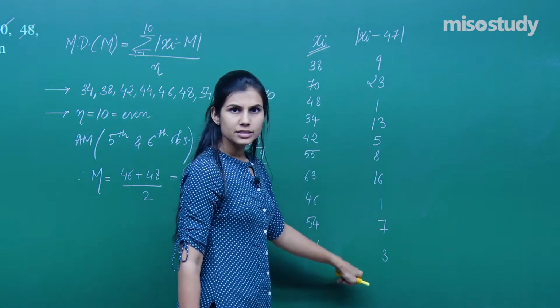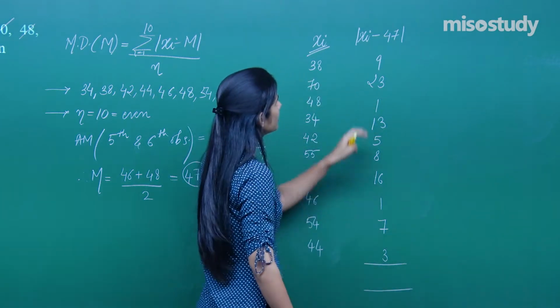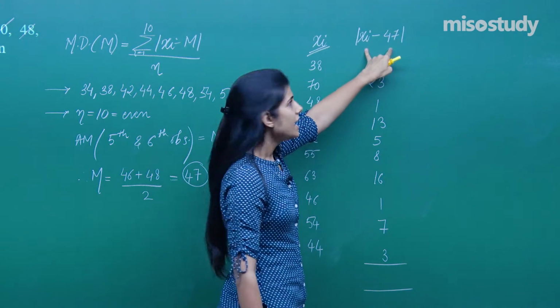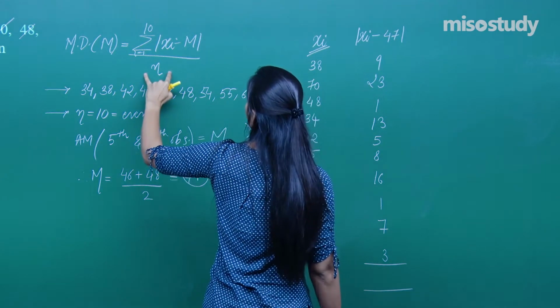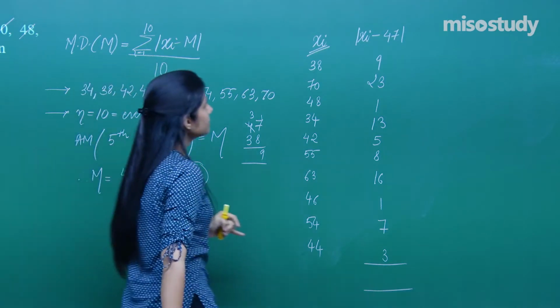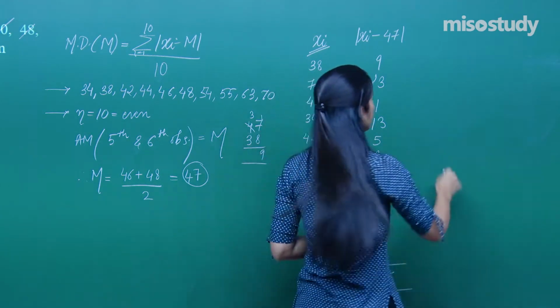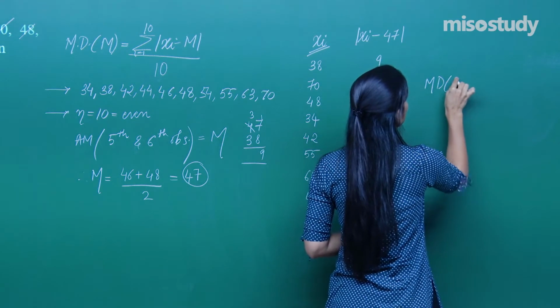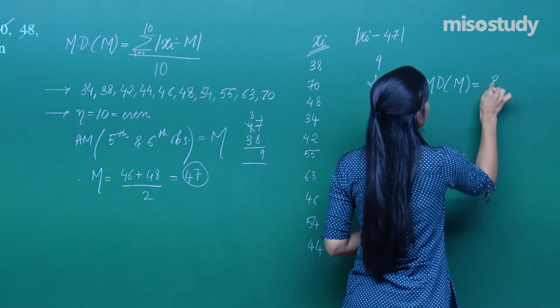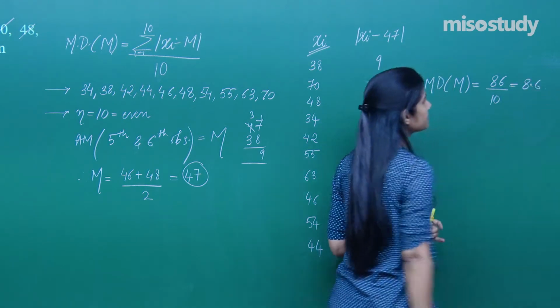When you evaluate the sum, I would be dividing it by the total number of observations, which is 10. This sum, when you evaluate, comes out to be 86, and therefore your mean deviation about median is nothing but 86 upon 10, that is 8.6.